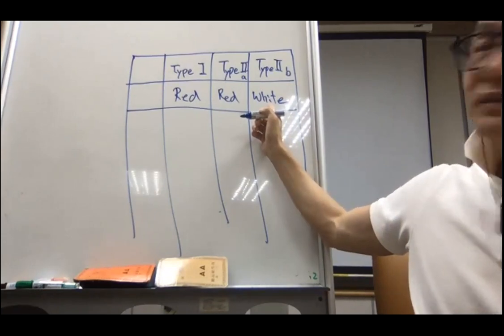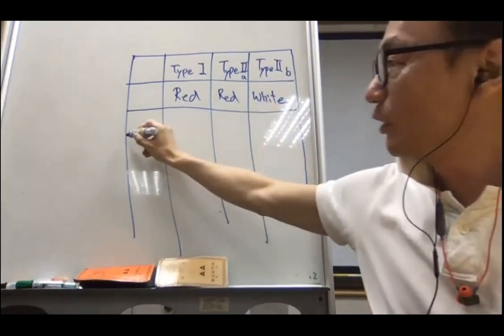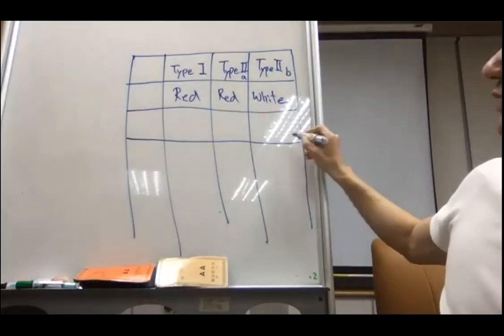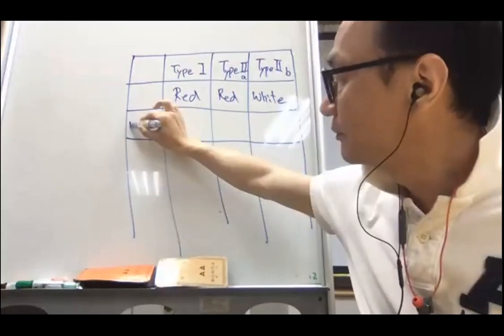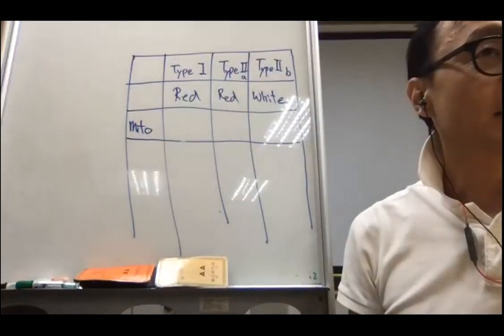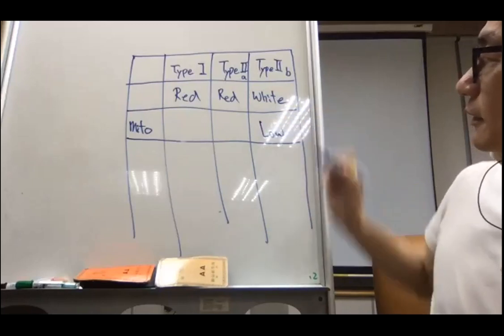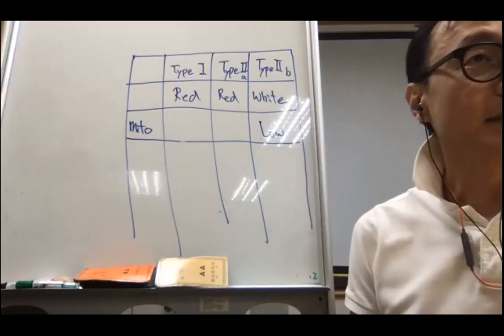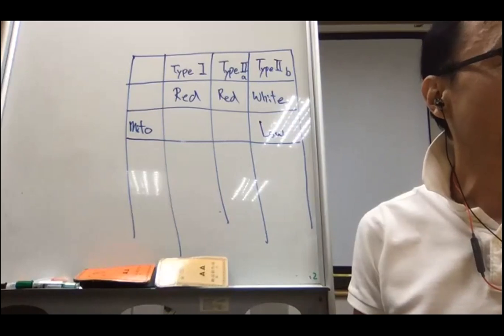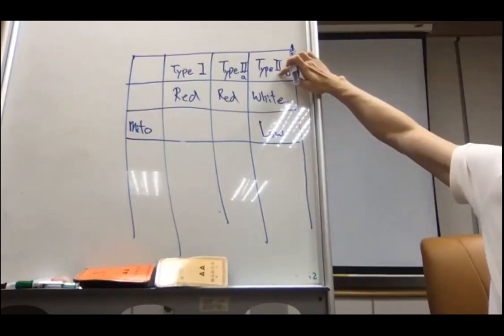The reason that type 2B is white, there are many reasons. The first reason is mitochondria is low. Mitochondria is low in type 2B fiber. And this is high, and this is also high.